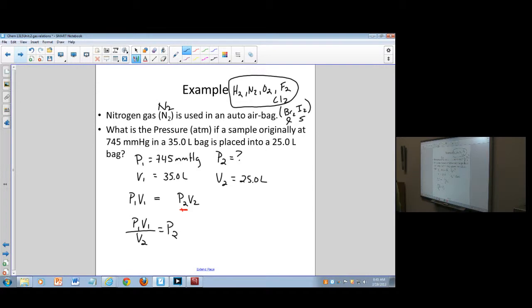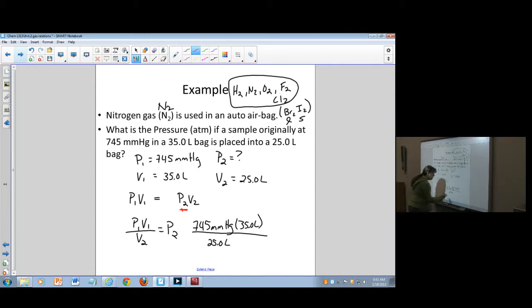So this would be 745 millimeters of mercury times V1, 35.0 liters, divided by V2, 25.0 liters.